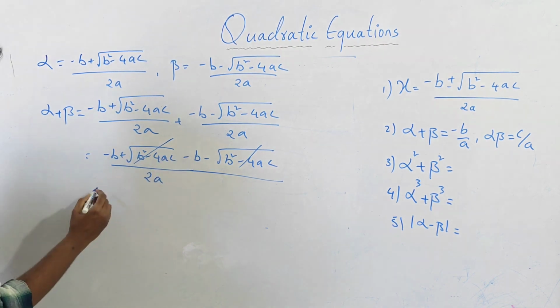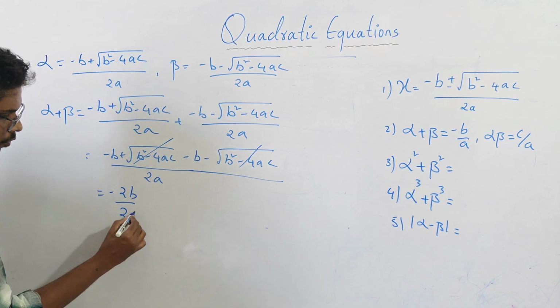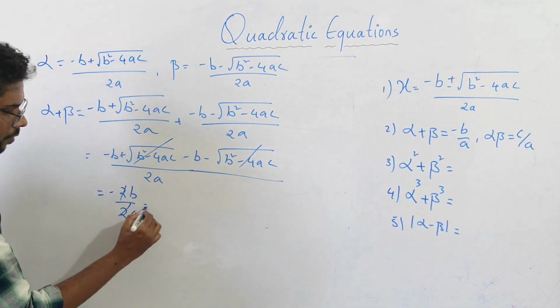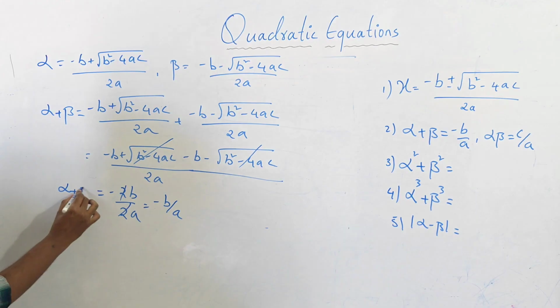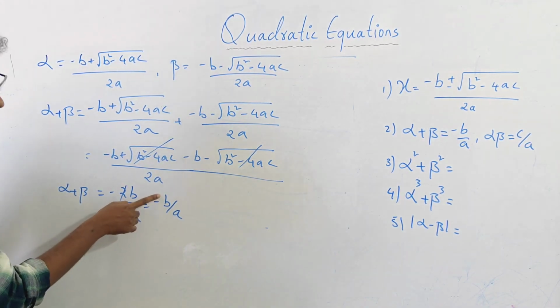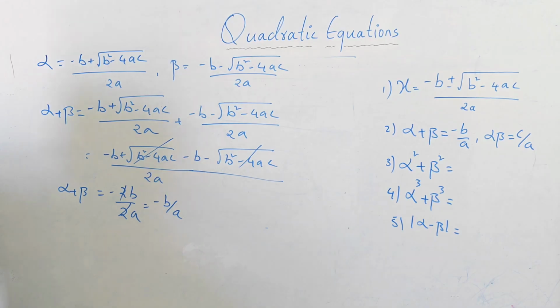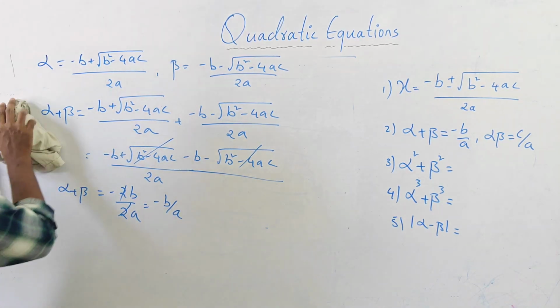Minus b minus b is minus 2b, divided by 2a. The 2 gets cancelled, we get minus b by a. Therefore, the sum of the roots is always equal to negative b by a. So we always write alpha plus beta is equal to minus b by a only. Understood? Now let us see c by a.